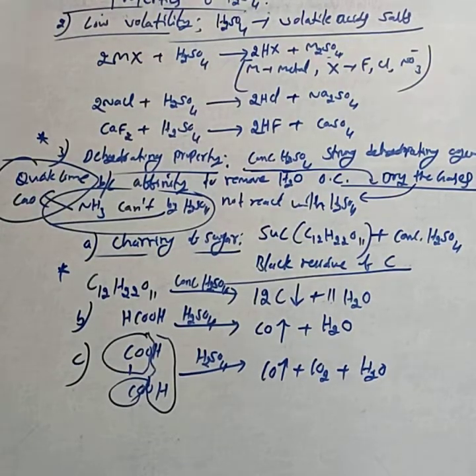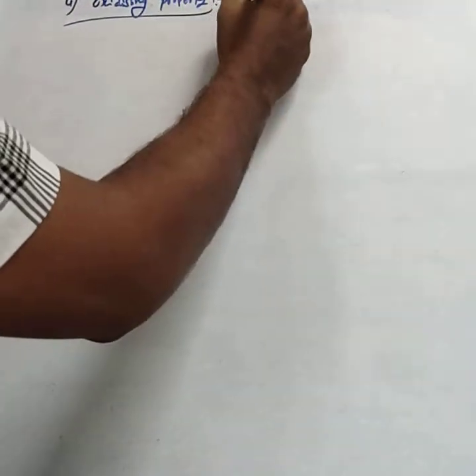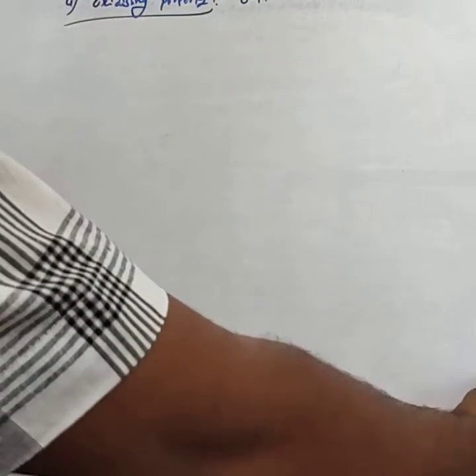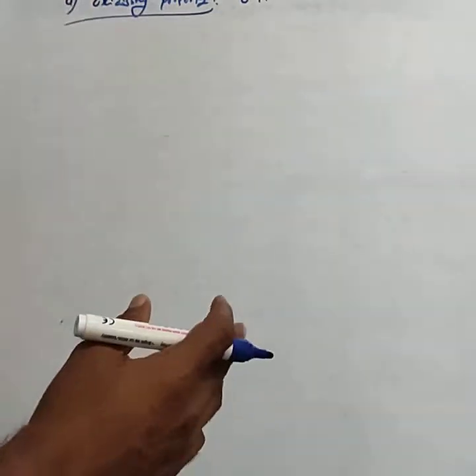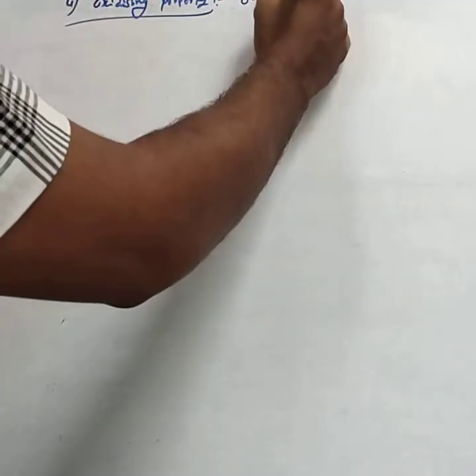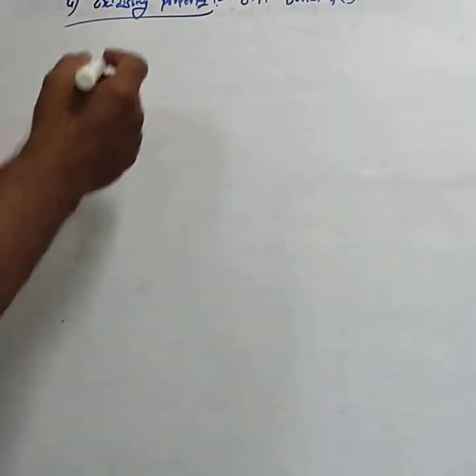The last property is the oxidizing property. Concentrated sulfuric acid behaves as a strong oxidizing agent also. Sulfuric acid behaves as a strong oxidizing agent because it donates nascent oxygen.